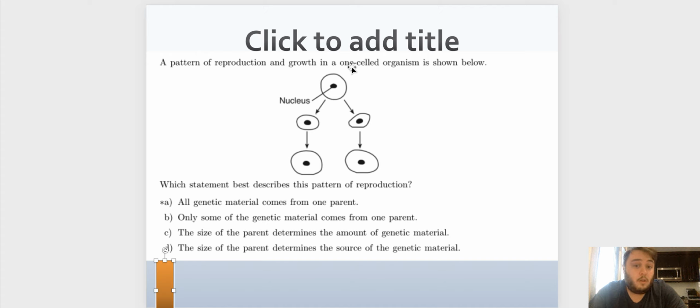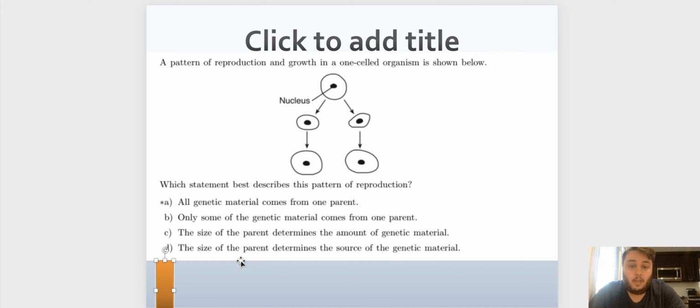It is mitosis, and this is what we learned at the very beginning of the unit, where you have one mother cell that splits into two daughter cells, both containing the exact same DNA and genetic info. And then you see that this one starts to grow, this one starts to grow, but the only answer is A, because there is only one parent present here.